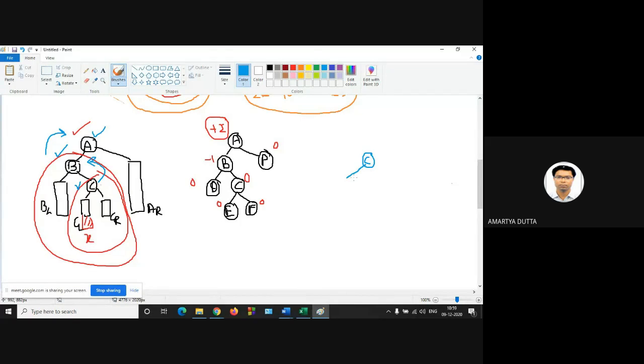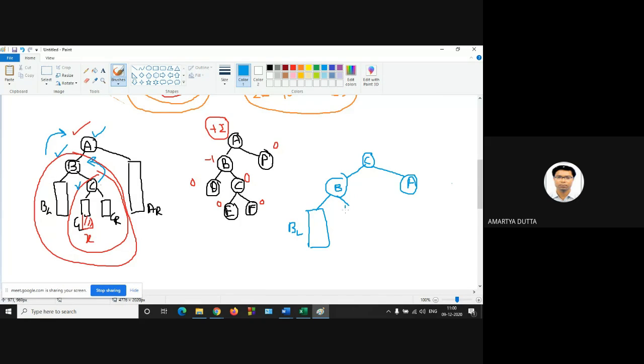Okay. So if C is the root, then A belongs to the right of C, and B belongs to the left of C. And from B, this is your BL, the left subtree of B, and CL.